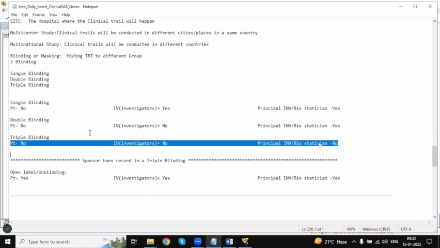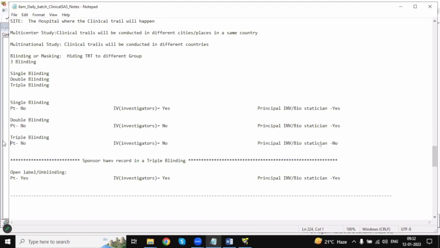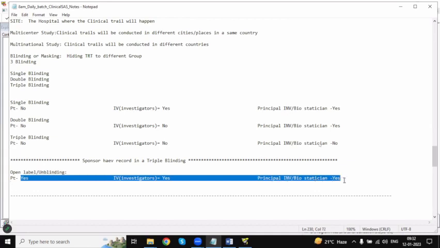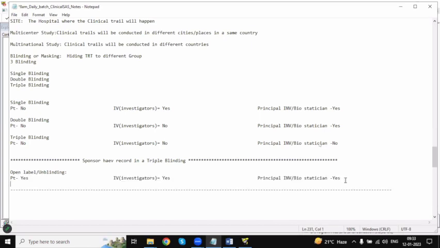We're hiding the treatment from all three categories. Then it's a triple blind. Finally, unblinding is where everyone knows: patients, investigators, and principal investigators. It depends on your study whether it is single, double, triple, or unblinding. Every study has a different design. Clear?